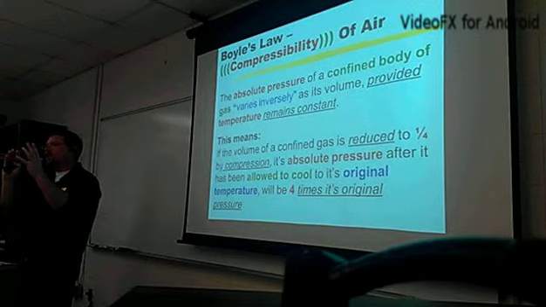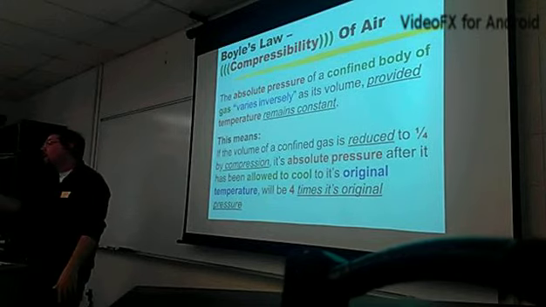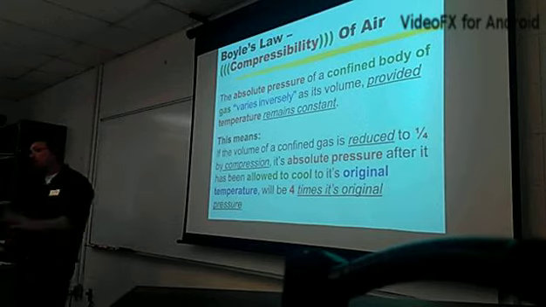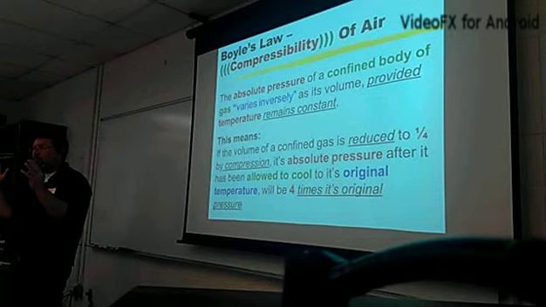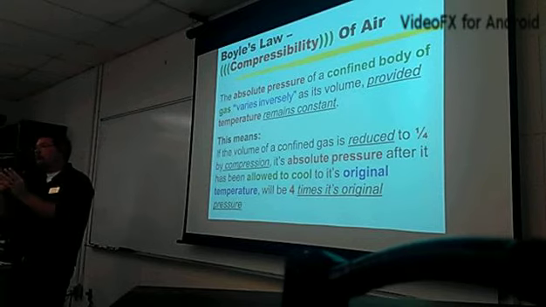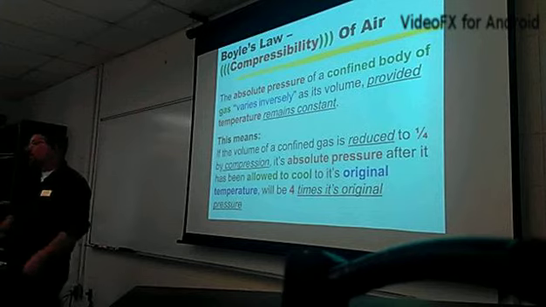Does that make sense? If the temperature remains constant, because if it gets hot, it's going to expand and the pressure will go up. But at a constant temperature, if I take a volume of confined air and shrink it by half, the pressure will double, whatever it was to start with, right?